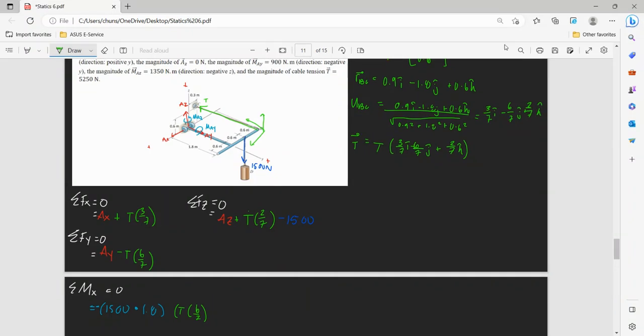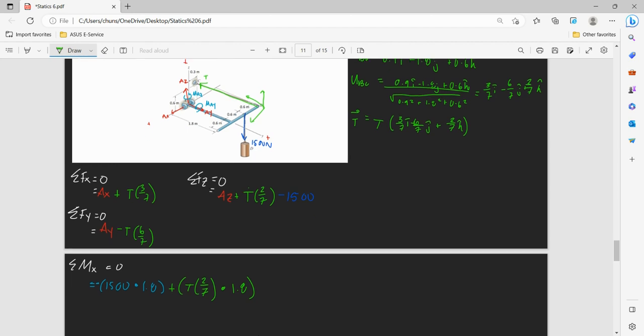Sorry, this is our x distance we need for that. Right? Hold on. Sorry, I lied to you. We can't use our y component because it's going through our x in the line of action, so that leaves us just with our z components. That's T 2 over 7, and we want our y distance, and this is in our positive x direction.